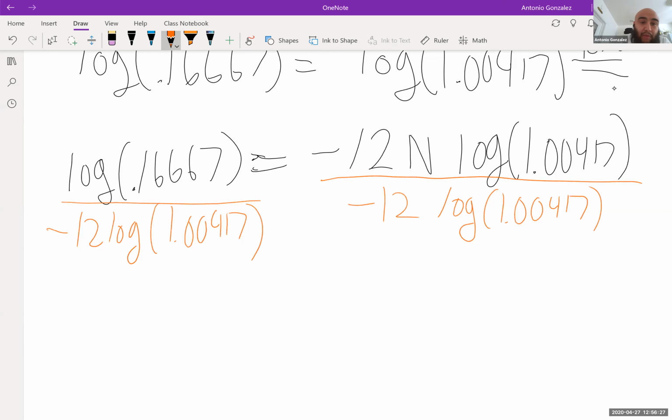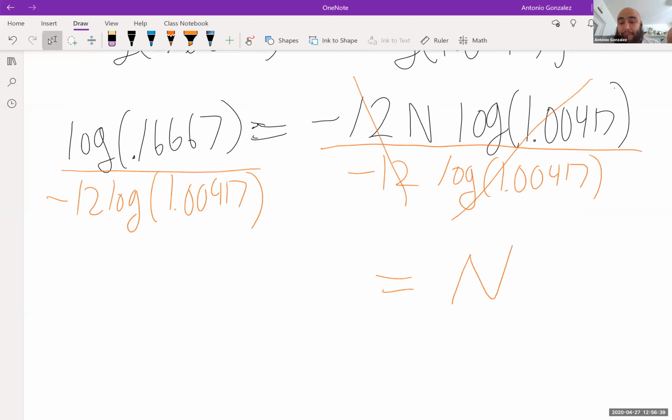Now, why do I want to do that? Because that reduces to 1, and I have exactly what I want on the right side, the value for n, right?